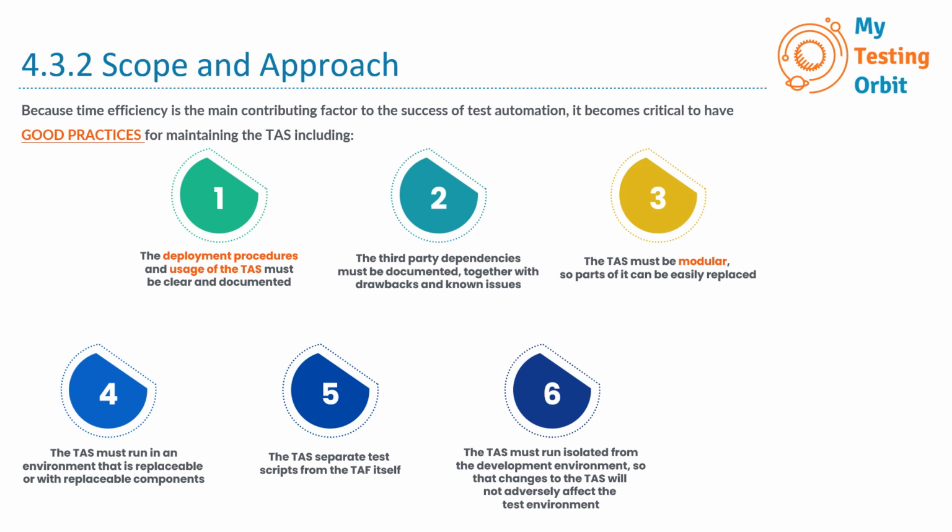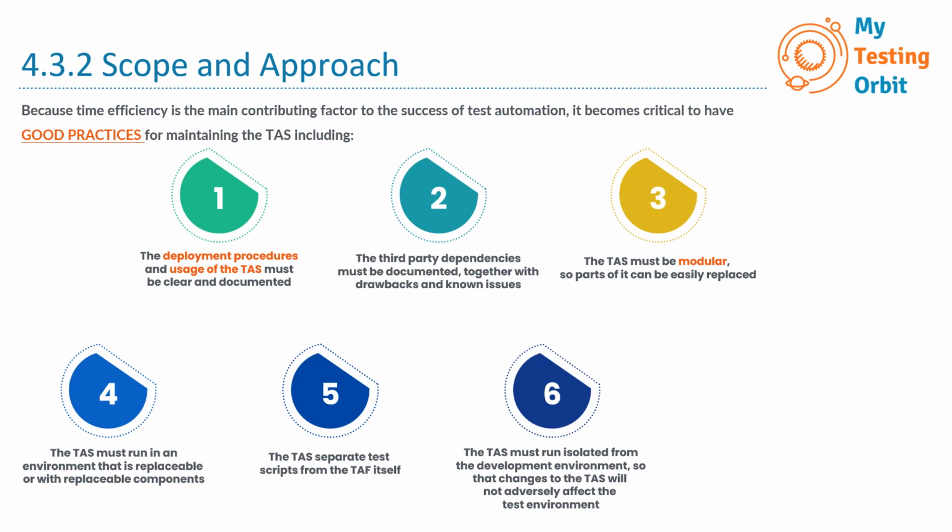Number 6, the TAS must run isolated from the development environment so that changes to the TAS will not adversely affect the test environment. So separate environments should be used for development and testing. The dev environment is where software is created and modified, while the testing environment is where you run your automated tests.